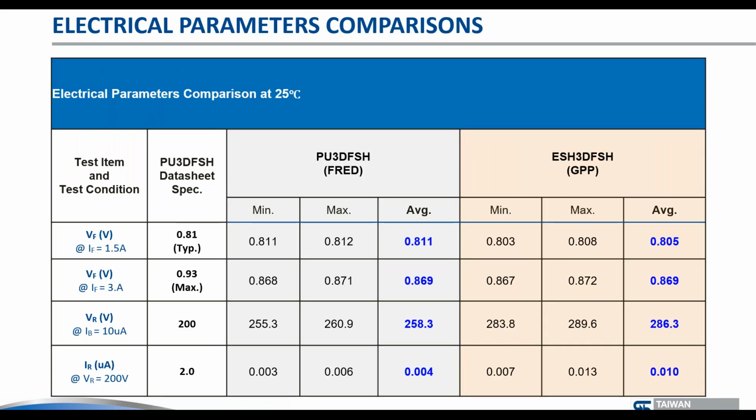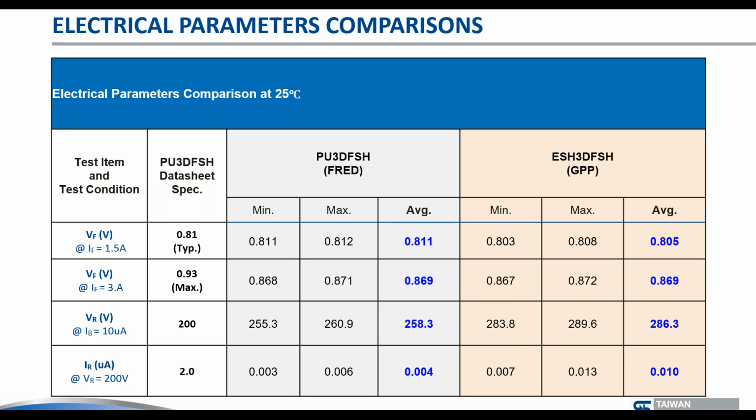So if we compare them here, what we're seeing is that the VFs, if you look at the actual distribution, on the left the planar, on the right the GPP, the blue things, you can easily see that they are quite similar. What you're seeing is that the leakage current, and remember our 2 microamp spec, is 4 nanoamps and 10 nanoamps for the planar device and for the GPP device.